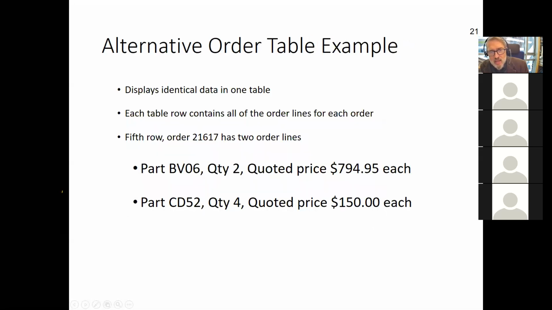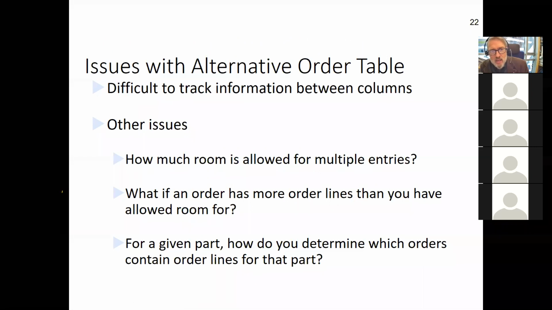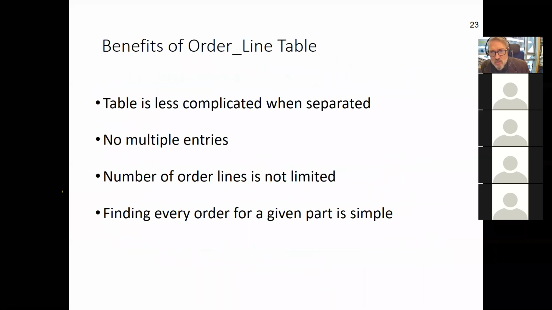And so that's what we've done. As it says there, the alternative order table is not a good way to go. Whenever we find ourselves with many-to-one relationships inside a table, we should take that out and make another table.